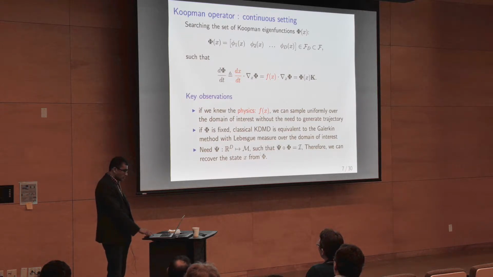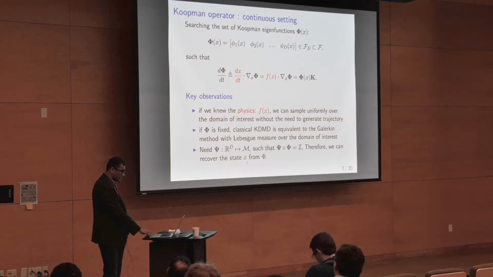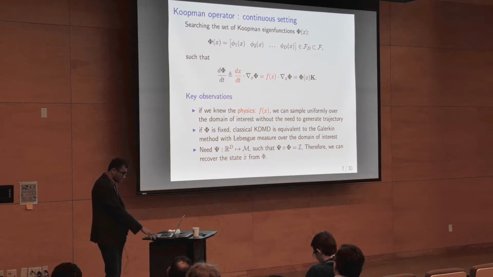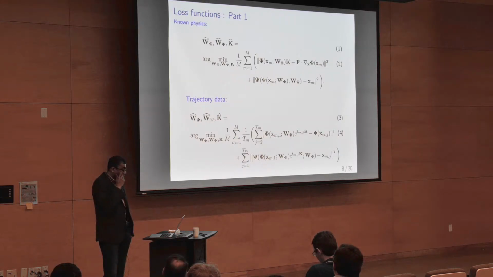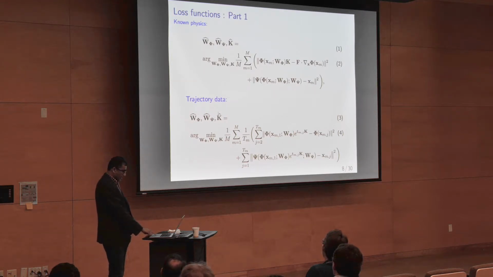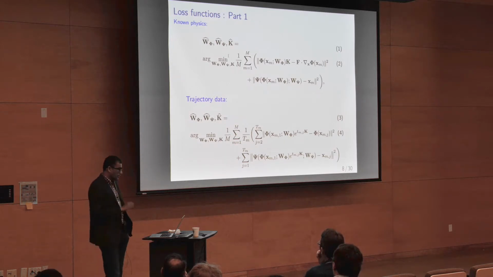There are many reasons why we need an identity mapping in the encoders: one reason is that we want to recover the state, and the other is to regularize the loss functions. Okay? So with this in mind, we can begin to pose these loss functions. Let's talk about the data-free setting, where you know the model equations.